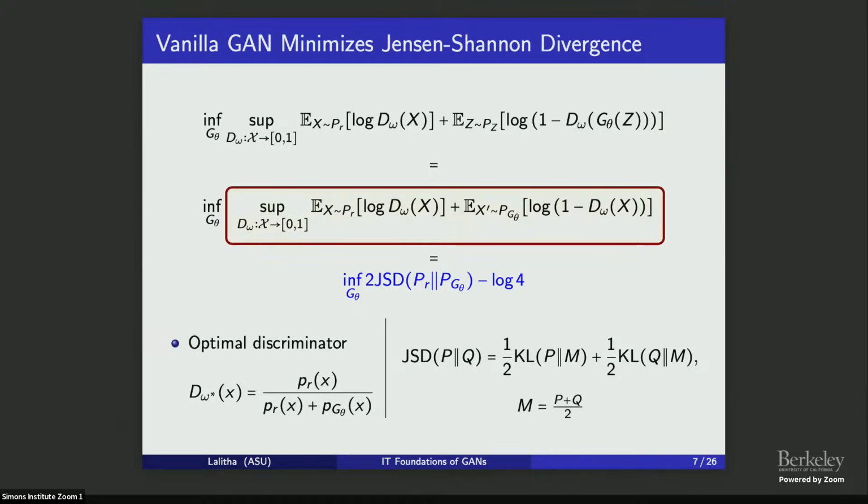You plug that back in, what you get is that the generator minimizes simply twice the Jensen-Shannon divergence between the true distribution and the generated distribution minus some constant term. Okay, right? And for those who've forgotten, Jensen-Shannon is just a symmetric divergence.